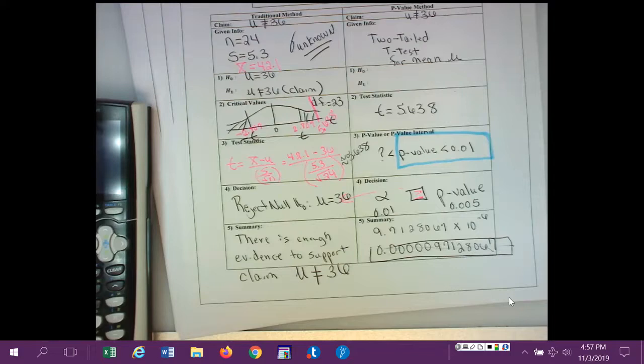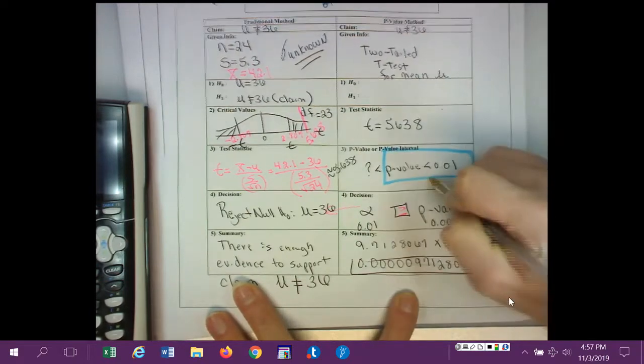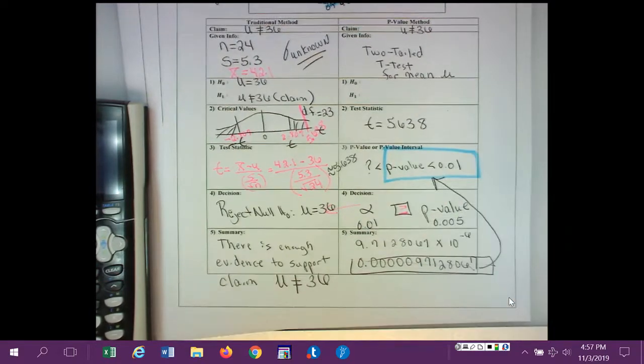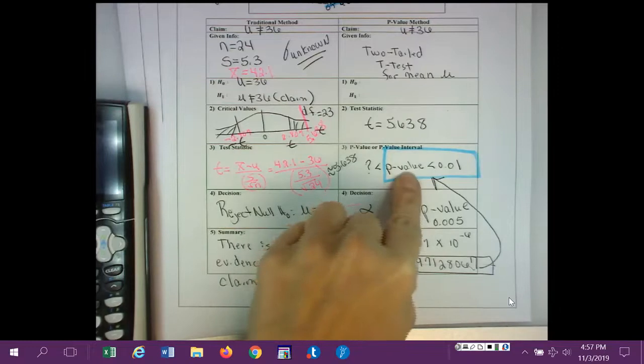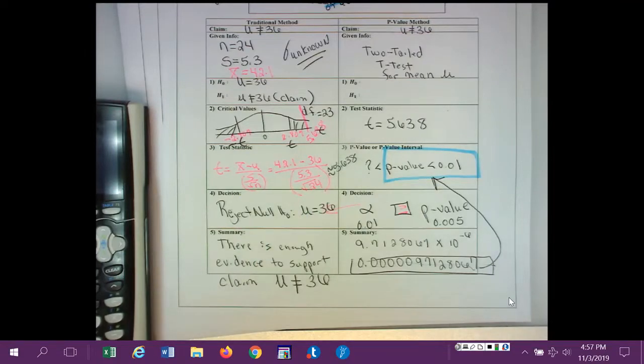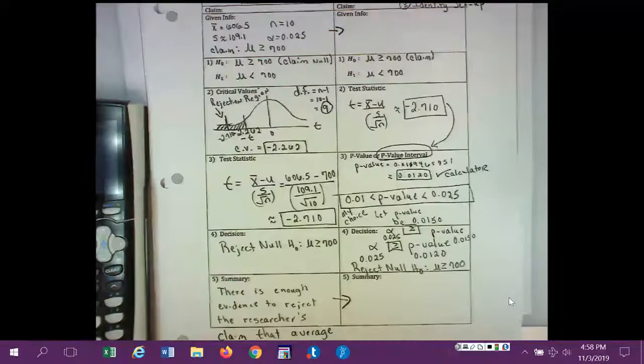Also, one other thing, and I forgot to mention it with the problem before this one: the calculator p-value will always be in your p-value interval. This number is in this interval. With the last problem, I don't have the numbers. Let me see if I can find that. I can. Here's the last problem we did, the left-tailed t-test.